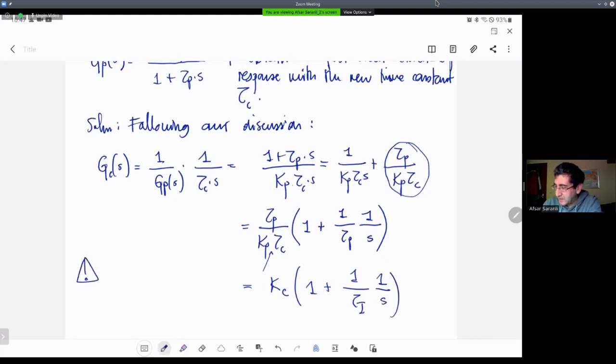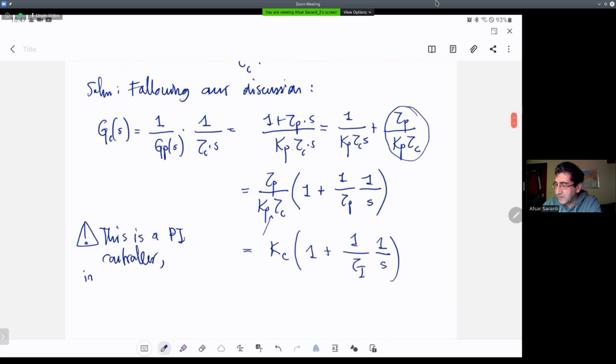So this is a PI controller, specifically in our dependent ideal PID form.